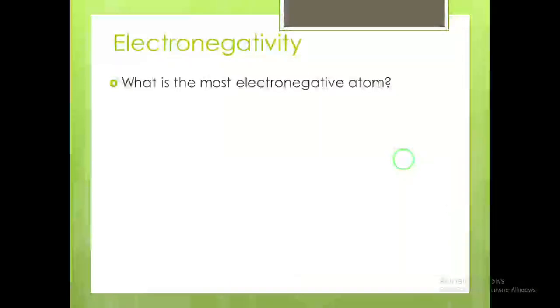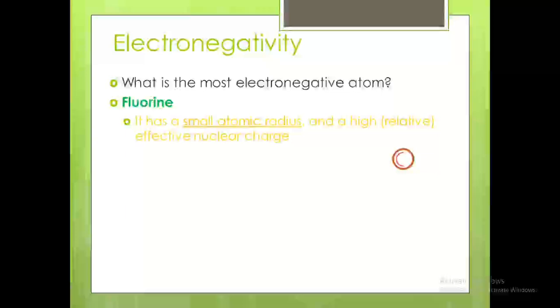What was the most electronegative atom? I said that earlier. Let's see if you remember. Fluorine. Why is it the most electronegative? Because it has a very small atomic radius, and I told us that when you have a small atomic radius, the nuclear charge will be much. Its outermost shell has 7 electrons.